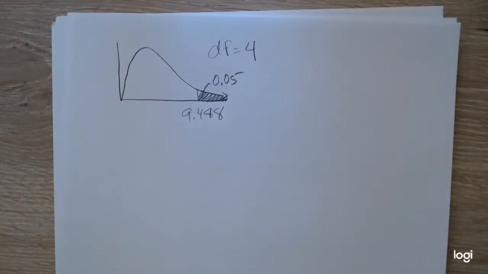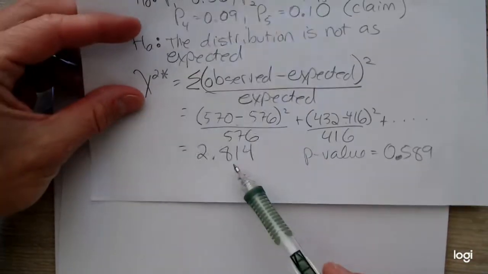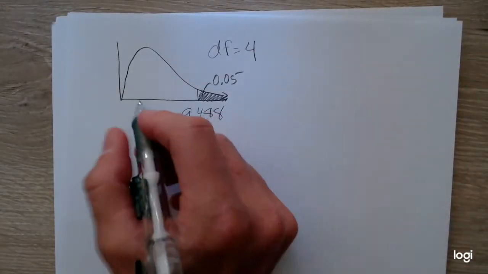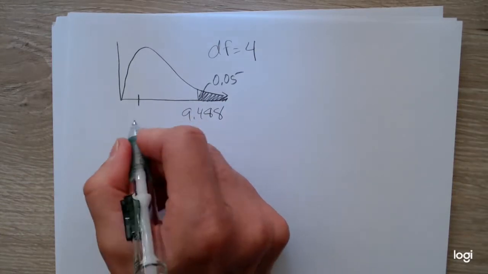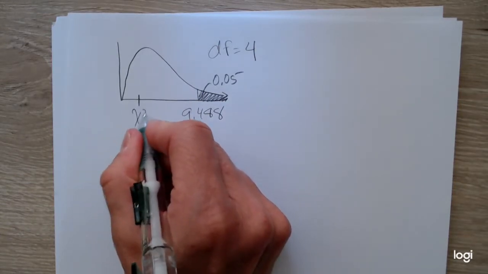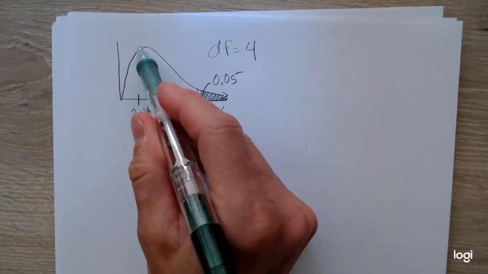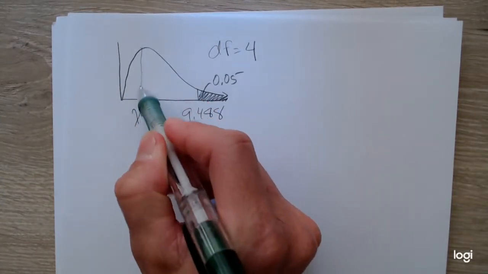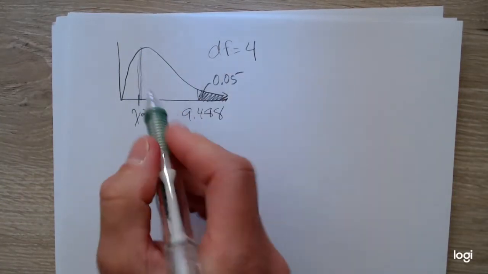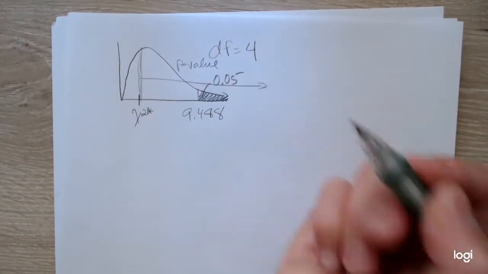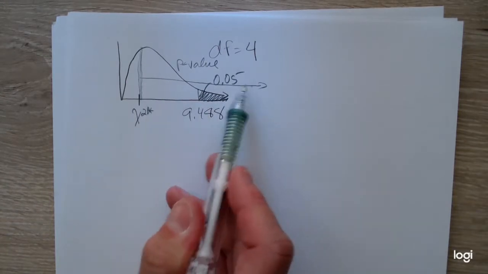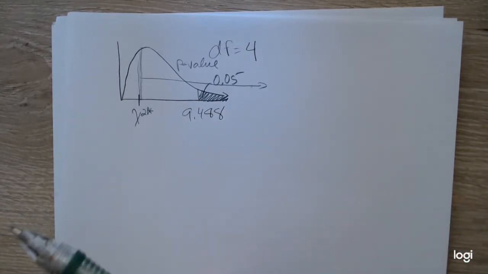And going back to my test statistic, it was 2.814. Okay, that's clearly in the fail to reject region. And just to review, the p-value is going to be the area further to the right. Okay, that's going to be the p-value for this test. So clearly the p-value is greater than our level of significance.